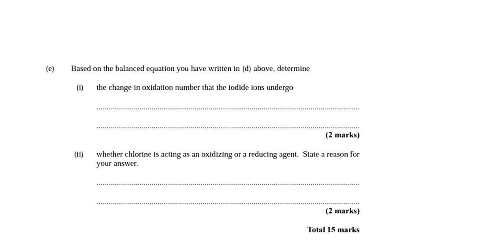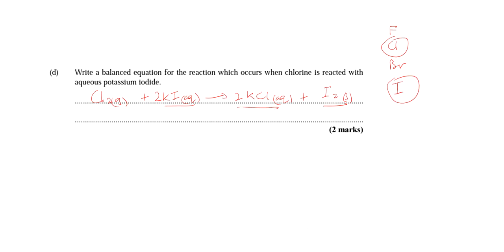It said, based on the balanced equation you have written, determine the change in oxidation number of the iodide ions. If we go back to our equation, we initially started off with KI. Let's do the oxidation numbers here. For the iodide ion, the oxidation number is initially -1, and then we end up with iodine, I2, in its solid state, so the oxidation number is 0.